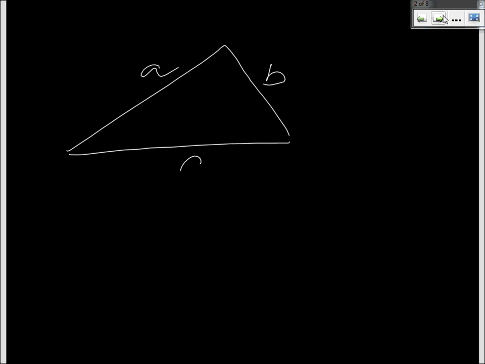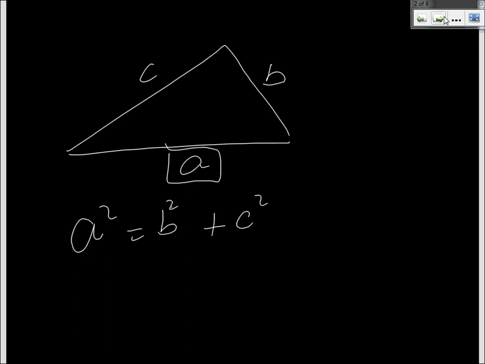It doesn't matter what, where, or what a, b, and c are. If you want to start off with a squared, then you better add up the other 2 sides squared.